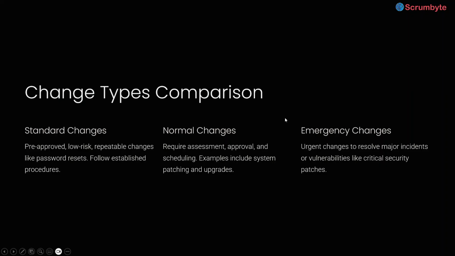Emergency changes are something wherein there is a major incident, like there is a security patch or somebody has hacked into your system and you need to change it, and your software is basically not working, etc. Stuff like that. So these are the three types of changes that you have, and I think we have gone through them in detail.